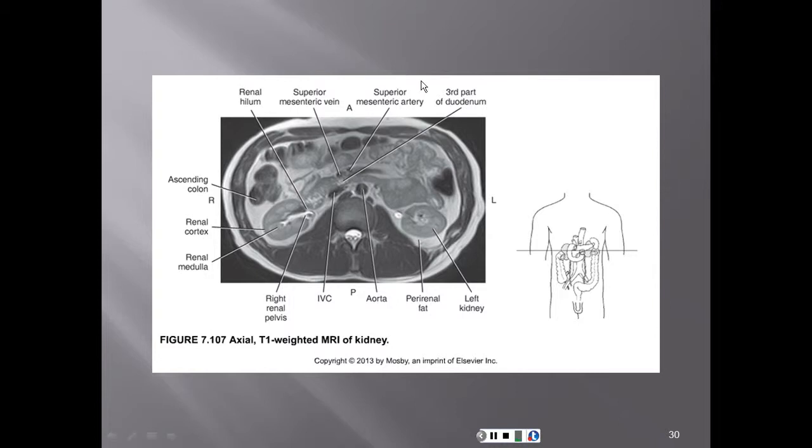Remember, if you have an image like this and you test it on an image, remember how the IVC lays with the aorta. The IVC lays to the right of the aorta. So when you're looking at the mesenteric vasculature, the superior mesenteric vein is going to lay to the right of the superior mesenteric artery. Colon, again.